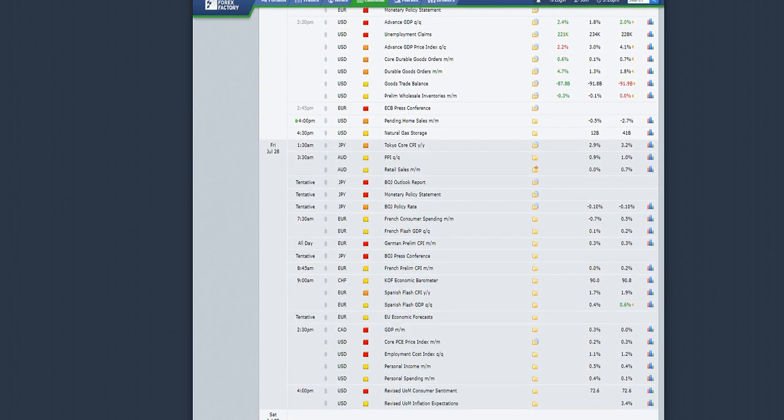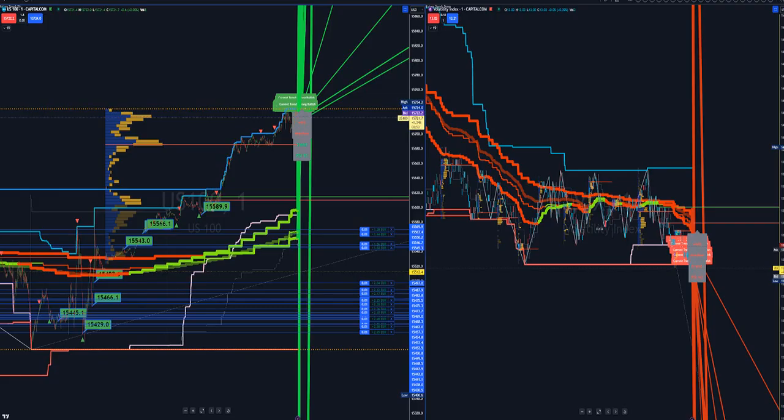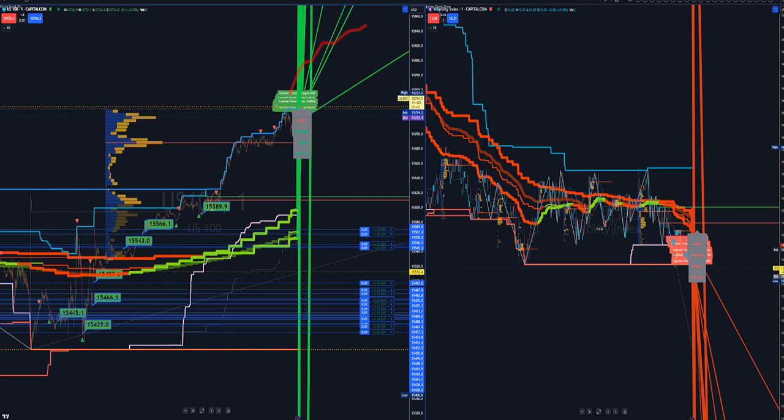Tomorrow, the only data, that means all the odds currently are playing for the stock market that will go higher. So tomorrow we will have, and this is the most important data, core PCE price index, and it can happen that the market today in Nasdaq will go higher to about 16,000 something, or maybe until tomorrow, because that's a trade day, right?